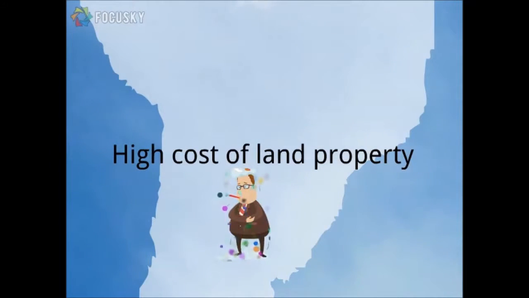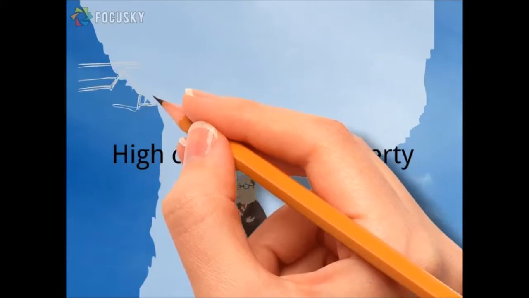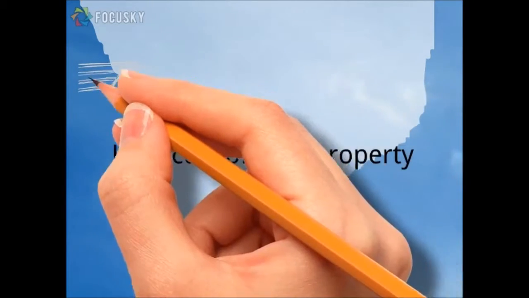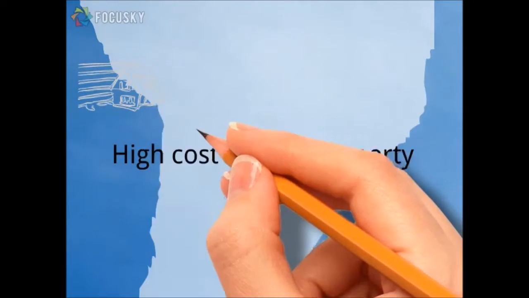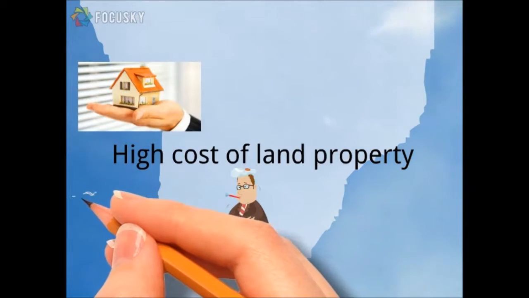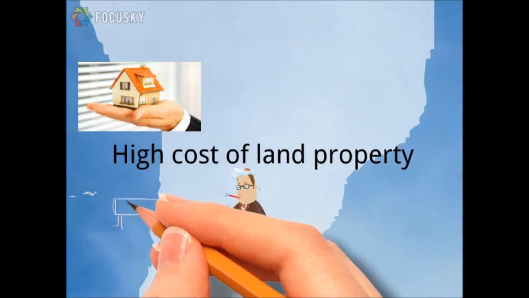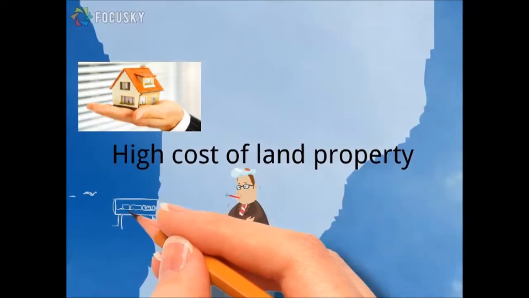The fourth indication is high cost of land and property. The high capacity of business activity in the urban area will lead to competition for land in the urban area. The competition will be between the business and industrial areas and the residential area.